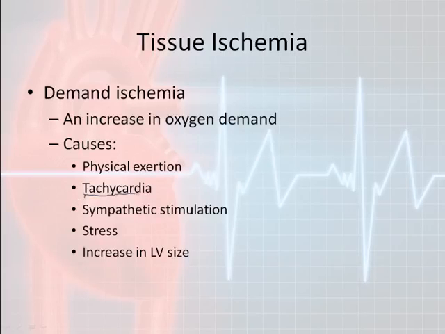Now, there is something called a rate-related tachycardia, where the heart can actually be beating so fast that the metabolic demands exceed the coronary circulation's ability to supply those nutrients. Not because there's a clot, just because it can't get the blood there fast enough.